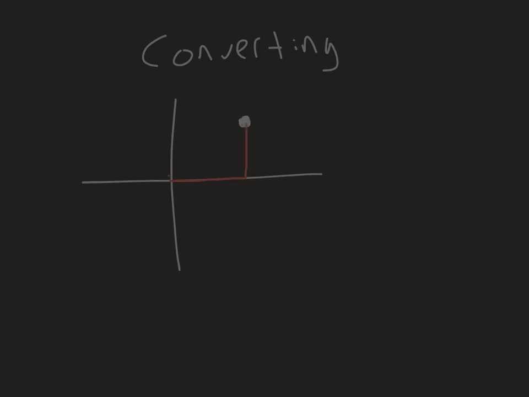Now something that's worth noting for our polar coordinates is that the x-axis, that's our 0-degree line. The y-axis up here, that's our 90-degree line, and we have 180 degrees here, and we have 270 here, and then if we go back to the 0, we go around, this would be a positive rotation. And then something else that's worth noting, if I go the other way, that'd be a negative rotation.